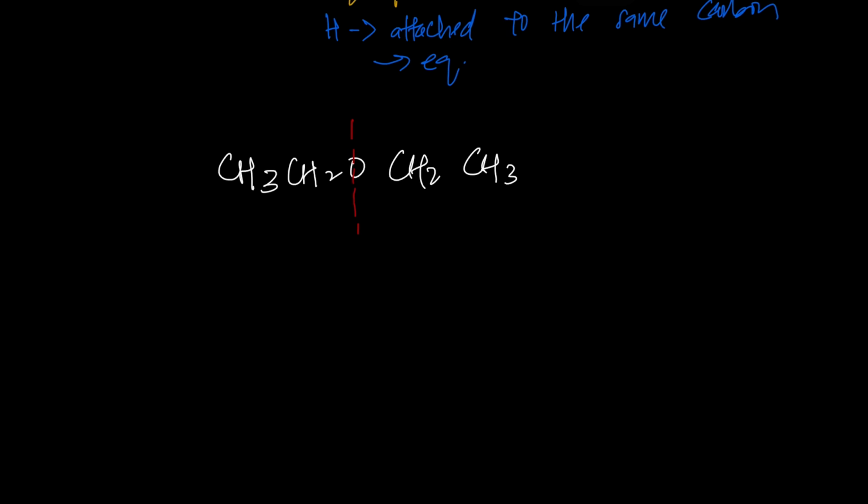So for example, by looking at this structure, which is a symmetrical molecule, you know that they are the same. These three protons give you one signal, and these two protons give you another signal. Because this is a symmetrical molecule, you can see they are actually mirror images.